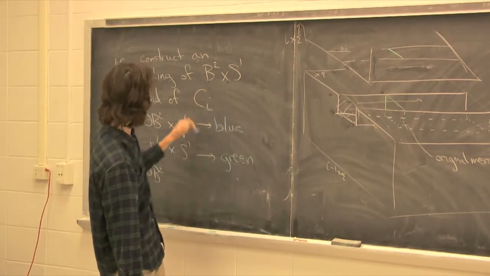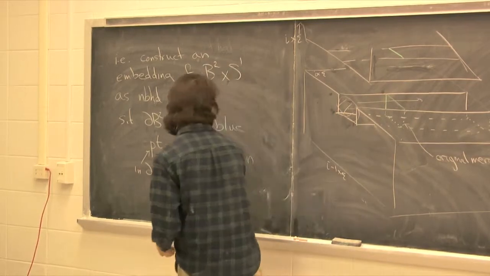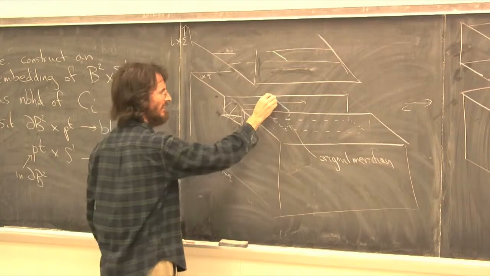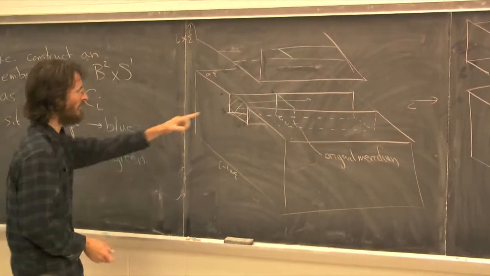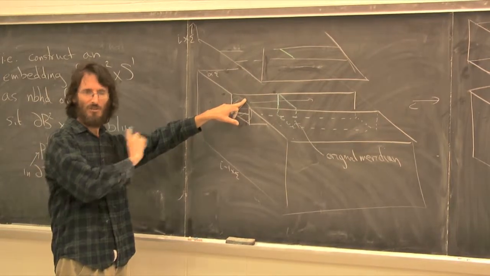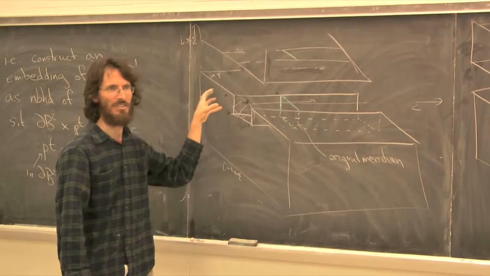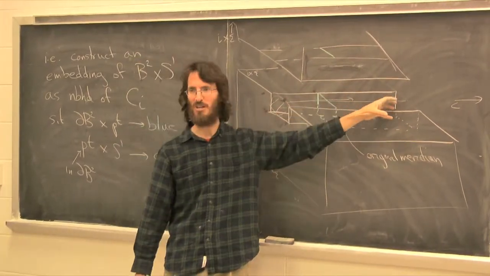And in that case, sure, the boundary of B2 cross point is going, well, this was supposed to be green, right? In fact, the original meridian, okay? Sure, the boundary of B2 cross S1 was mapped to this, but then if I take a point on the boundary of B2 cross S1, I'm pulling out a straight line all the way across, just this sort of natural parameterization here. That's the zero framing that we were talking about.